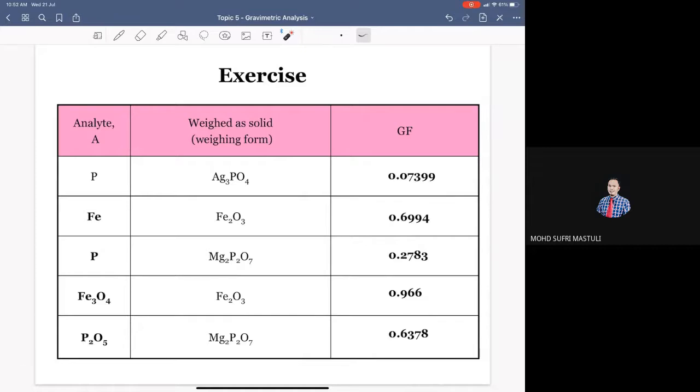Okay, so this is another exercise to calculate the gravimetric factor. I just pick one example. For example, I can take this one for gravimetric factor for Fe. So it is asking for the analyte of Fe.